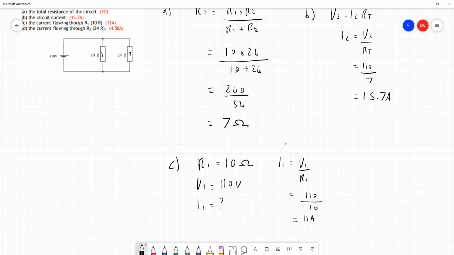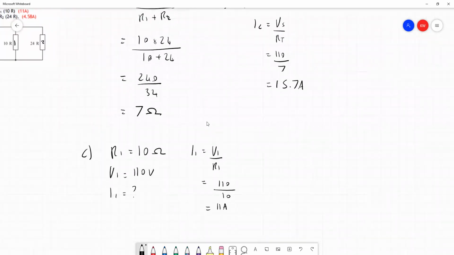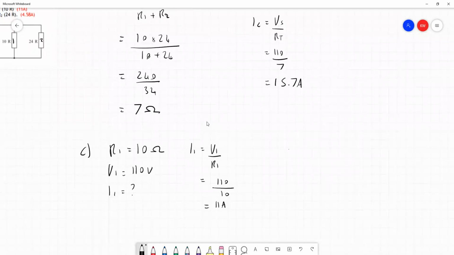In part D, we could use the exact same method if we wanted to, and we could just do I2 is equal to V2 over R2. We know V2 is the same as V1, it's 110 volts, and R2 is 24 ohms. Or we can also use Kirchhoff's first law, which tells us the circuit current is going to be equal to the sum of the current in each branch. Our total circuit current was 15.7.